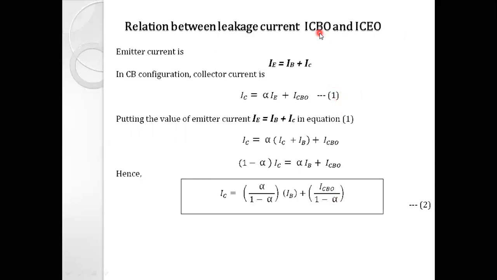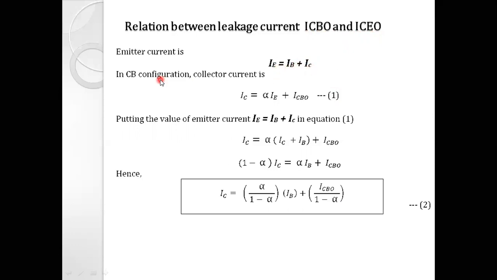Now the relation between the leakage currents ICBO and ICEO. ICBO is the current between the collector and base terminals when the emitter terminal is open, and ICEO is the current between the collector and emitter terminals when the base terminal is open. Again starting with the basic equation, emitter current is IB plus IC.